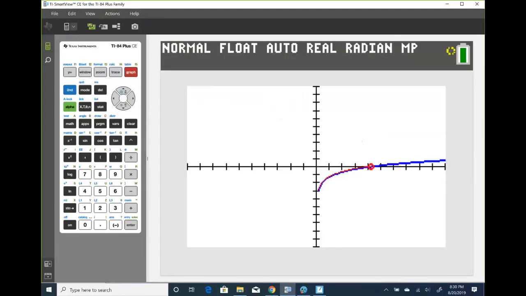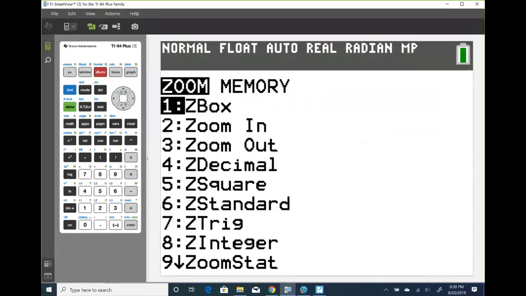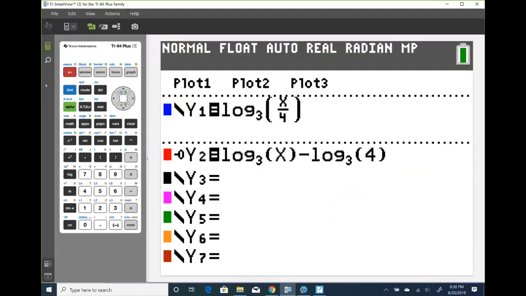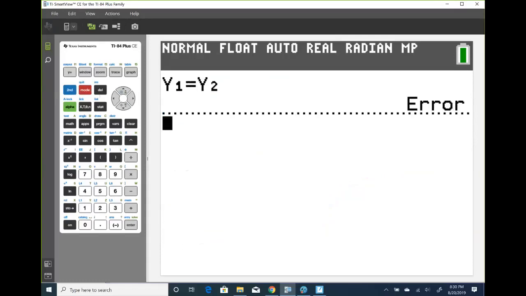Okay, and I'm going to use Dennis's suggestion. He likes doing that zoom 4. You see a little bit more of your graph there. And yes, it does look equivalent. So the students may say, well, why, when I did it on my home screen, was that coming up as an error?